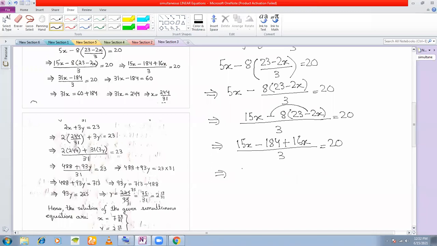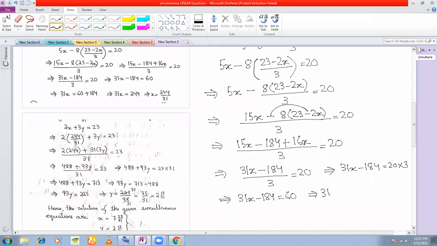So that means 15x plus 16x is 31x minus 184 divided by 3 is equal to 20. Cross multiply, you get 31x minus 184 is equal to 20 into 3. That means 31x minus 184 is equal to 60.